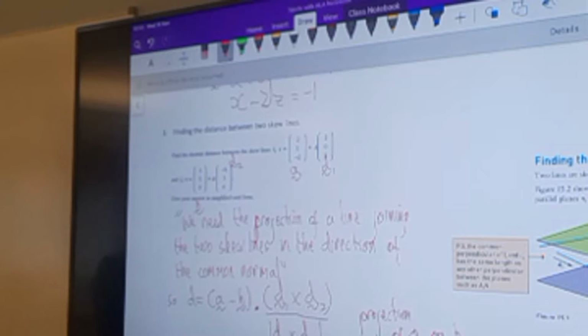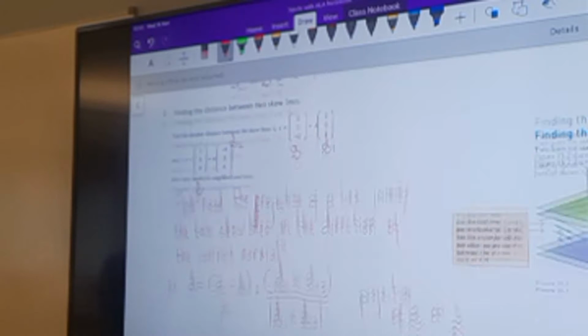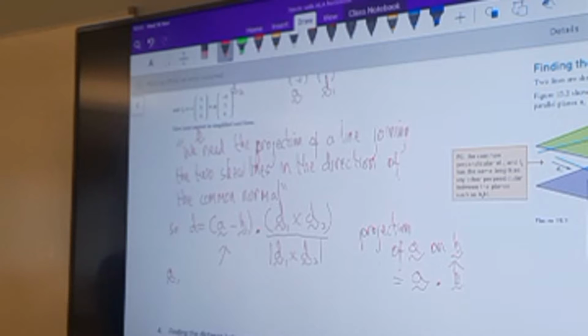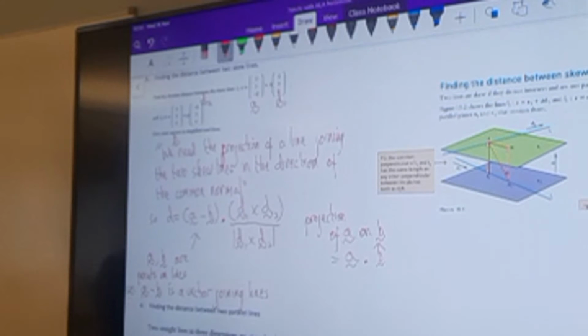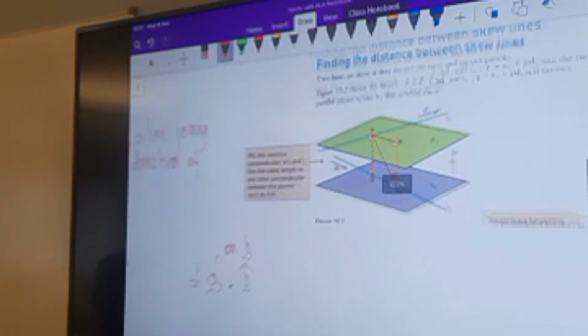So A minus B: A and B are arbitrary points on the lines. A minus B is a vector joining the lines. In other words, go back to my diagram.